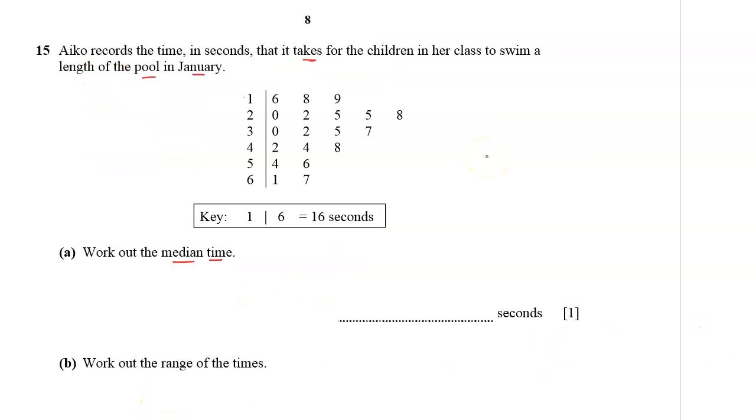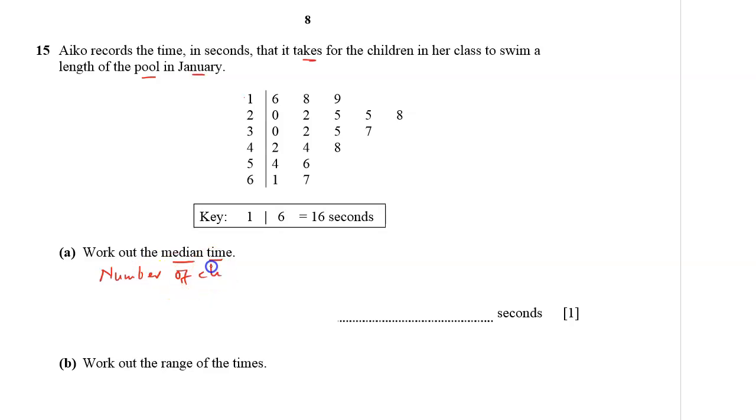Number 15. Aiko records the time in seconds that it takes for the children in our class to swim the length of the pool in January. So we have the times there, and the key here is 1/6 means 16 seconds. Work out the median time. Now to work out the median time, we need the number of children in Aiko's class.